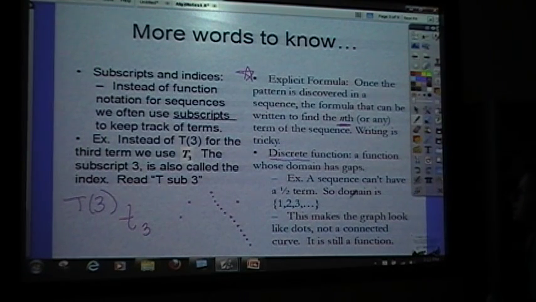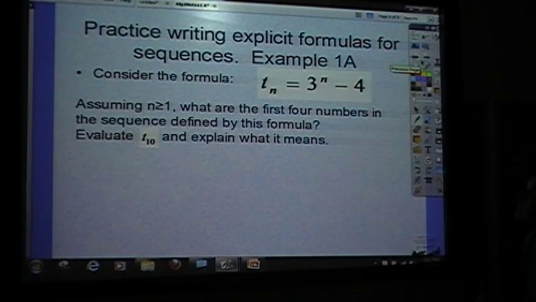The domain is a set, you can list it like this, the set of numbers 1, 2, 3, forever, or you could put the set of natural numbers. You could do that if you wanted to. We talked about the different types of numbers earlier this year.